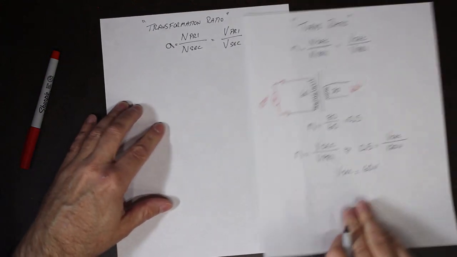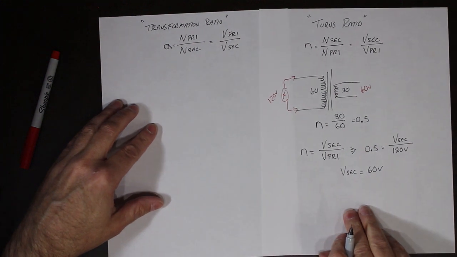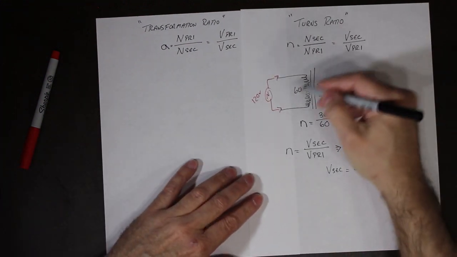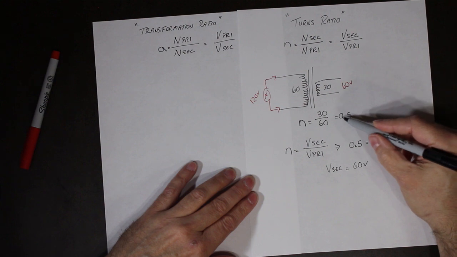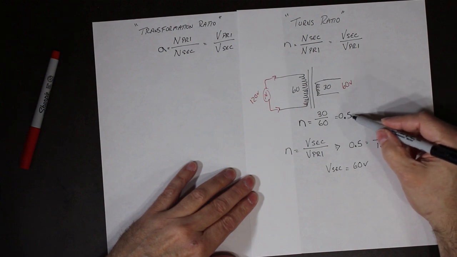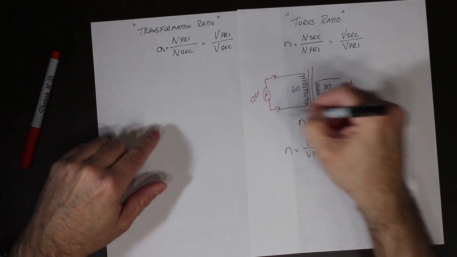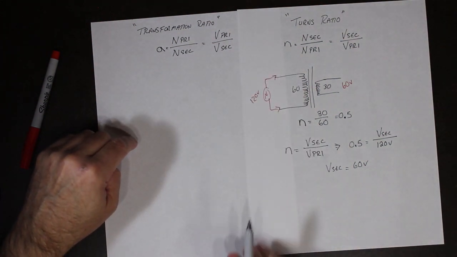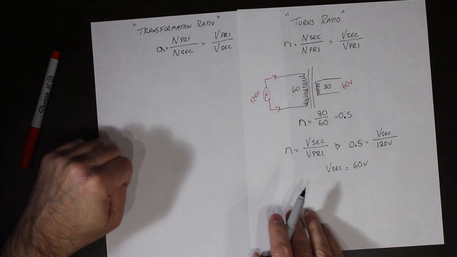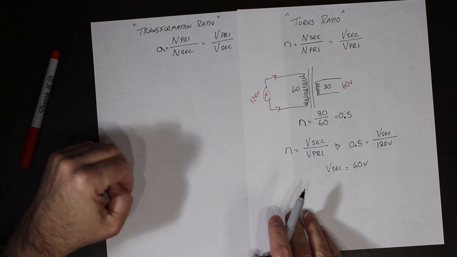So the two are actually opposites. Whereas this will give us a turns ratio of 0.05, the same circuit over here will actually give us a transformation ratio of 2.